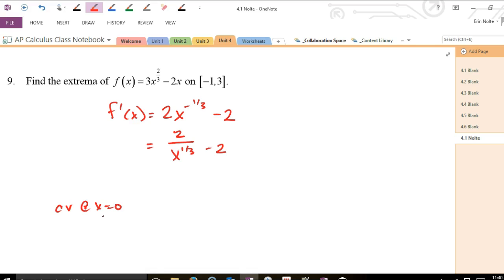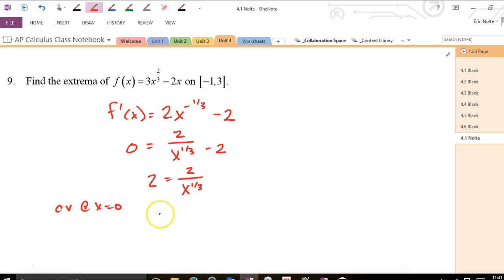Okay, and then how do I find the rest of them? What do I do with that derivative? Set it equal to 0. Okay, so how would I solve that? You add 2, so I get 2 is equal to 2 over x to the 1/3. Then what?